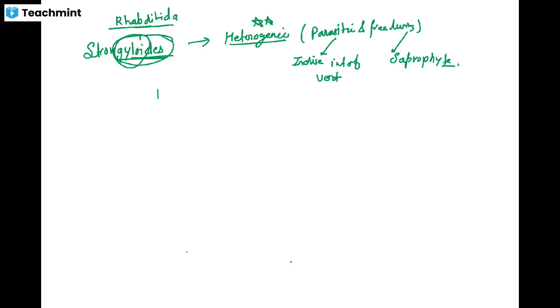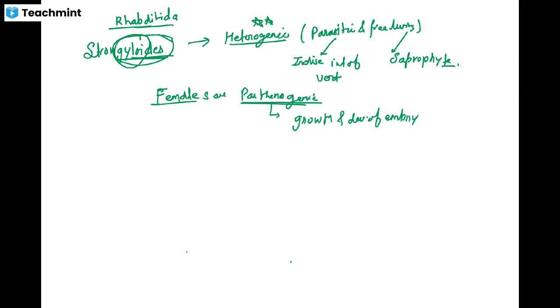Here the females are parthenogenic. This one is also important. That means that the growth and development of the embryo occurs without fertilization.